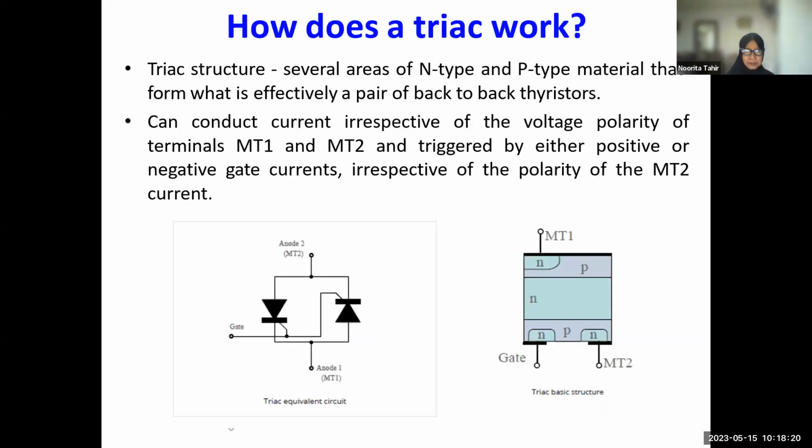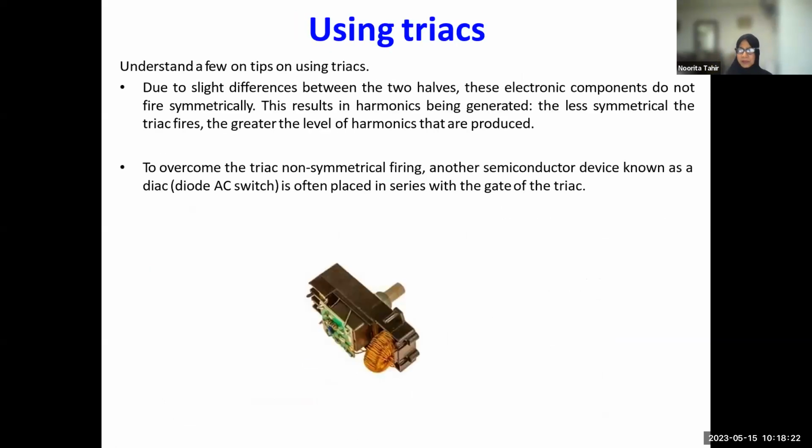So the slight differences between the two halves, which is the positive and negative, mean these electronic components do not fire symmetrically, so this results in harmonics. Those who know about AC will know there is always harmonic distortion, which is still one of the main research agendas when it comes to AC.